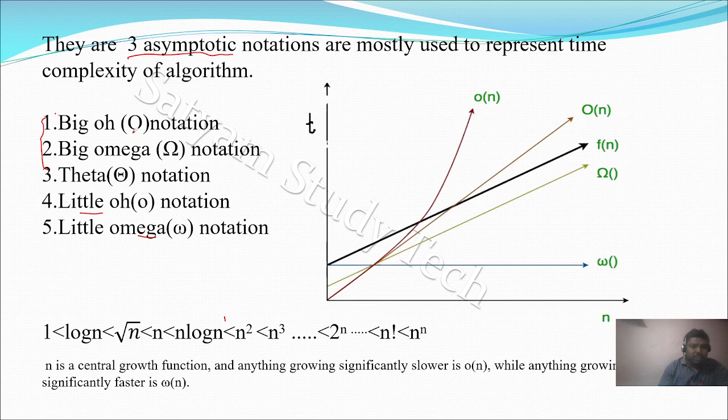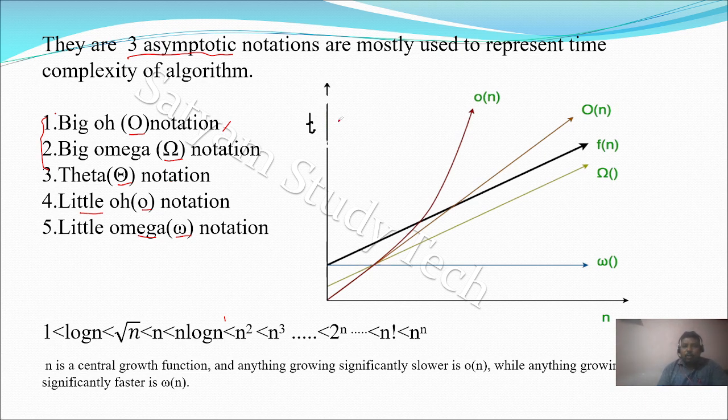Most of the time you can use the big O notation only. Worst case time complexity can be represented by using big O notation.